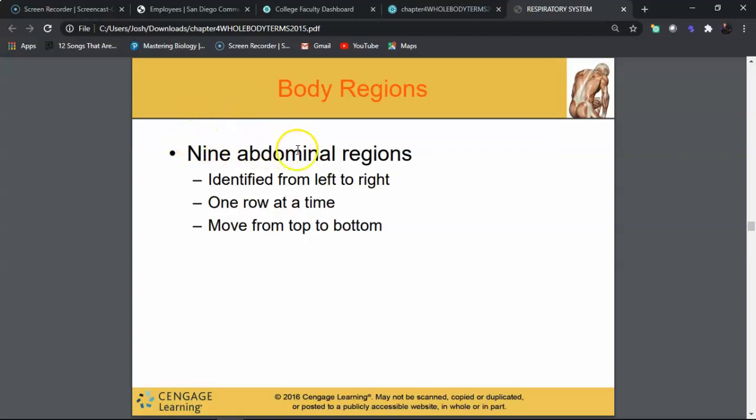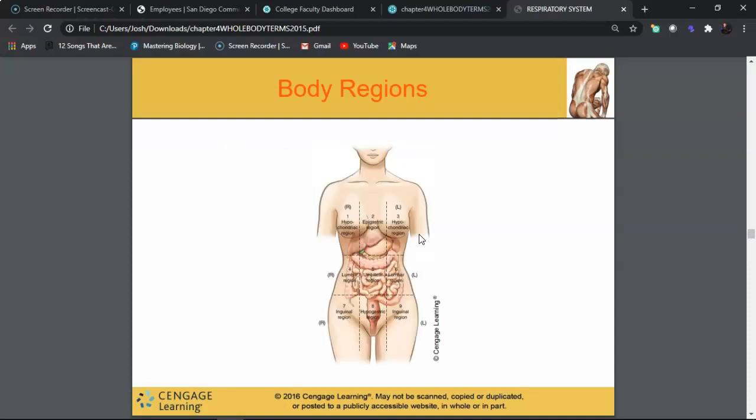We can actually divide it up into 9 anatomic regions that are generally identified from left to right. Okay, and we kind of do one row at a time, starting at the top, going to the middle, and then going down to the bottom. Okay, so this is how we can actually divide the abdomen into 9 areas, kind of our tic-tac-toe, so to speak. Generally, you'll start up here in the right upper quadrant, and we move this way.